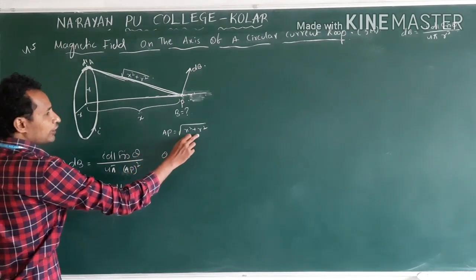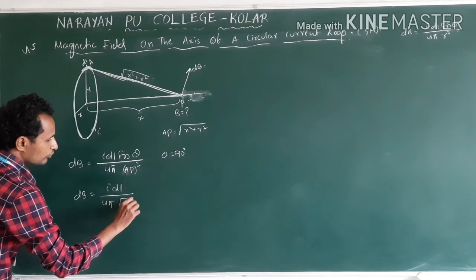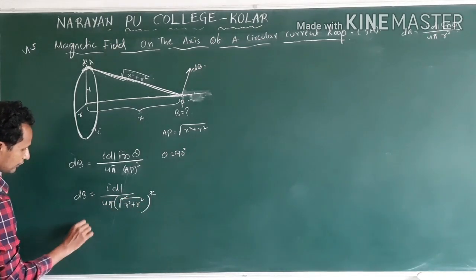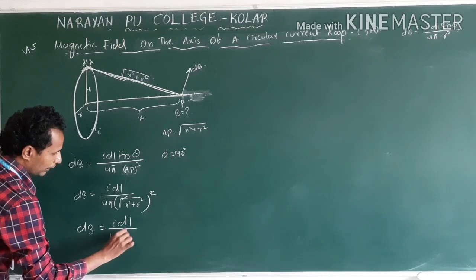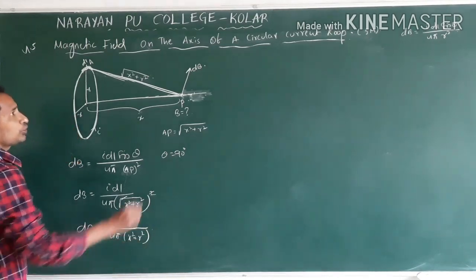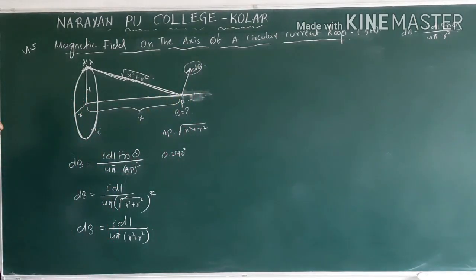AP is under root x square plus r square. So root of x square plus r square whole square. Square and root cancel. dB is equal to I dL by 4 pi times x square plus r square. So this we got dB.